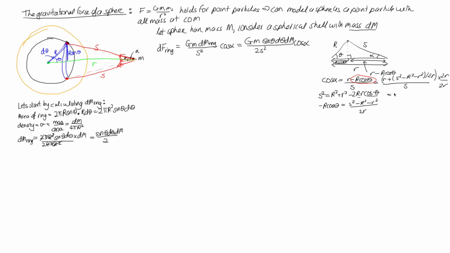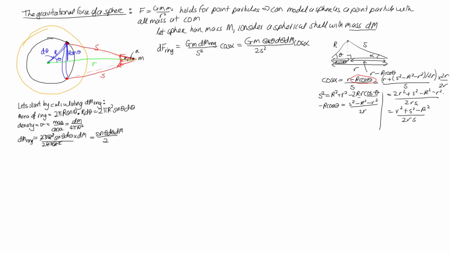So this is equal to 2R squared plus s squared minus R squared minus r squared over 2Rs, which is equal to R squared plus s squared minus r squared over 2Rs. Okay, so now we've got a simplification for cos alpha.